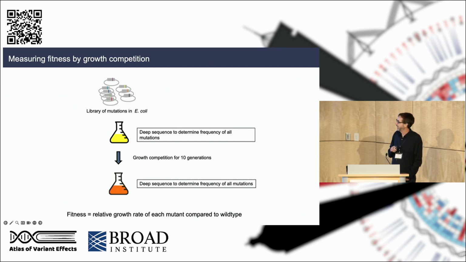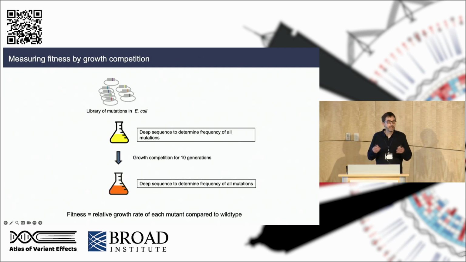We grow the cells for 10 generations, and then we deep sequence and determine the frequency of mutations after 10 generations. And then based on that, we can tell how each mutation affects the growth rate of the bacteria.